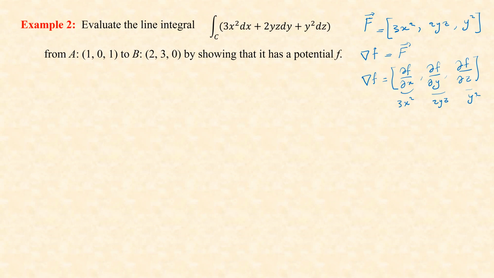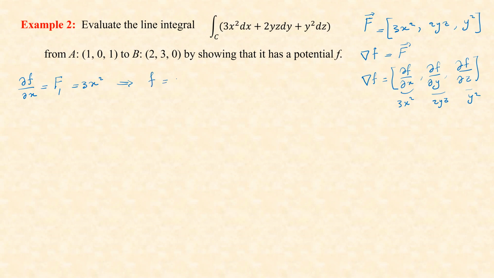Sometimes it is easy to guess, but sometimes it's not easy to guess. If it is not easy to guess, you just follow the procedure. You say, okay, the derivative of f with respect to x should be equal to f1, the x component of F, which is 3x squared.